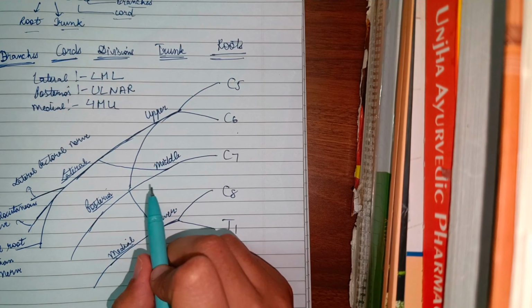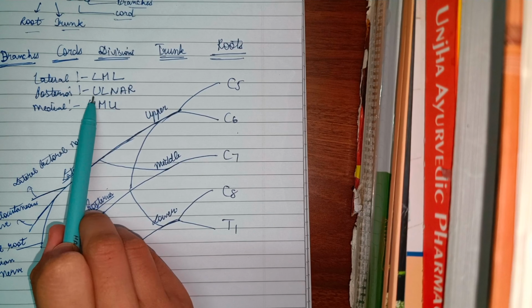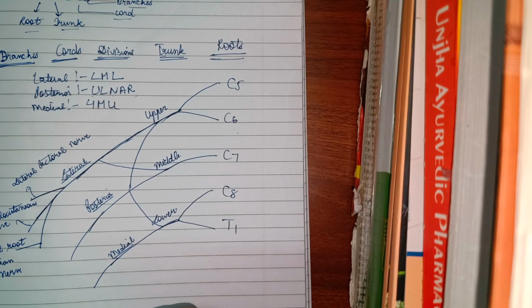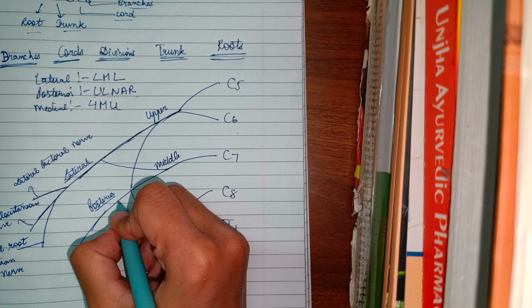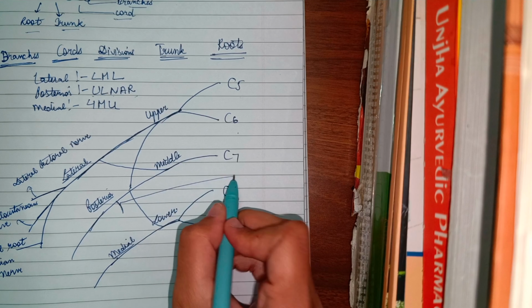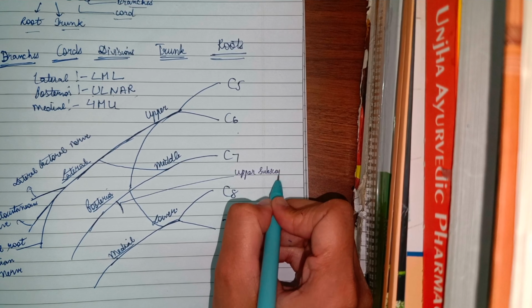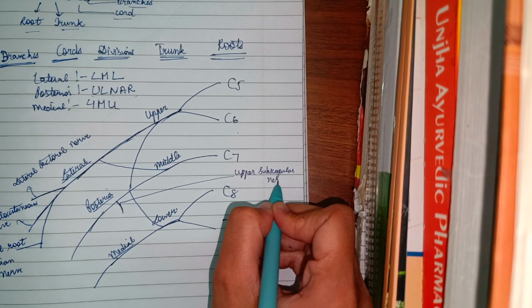Now from posterior cord you have 5 branches, which is U, L, N, A, R. From U it is upper subscapular nerve. This is upper subscapular nerve. From L it is lower subscapular nerve.